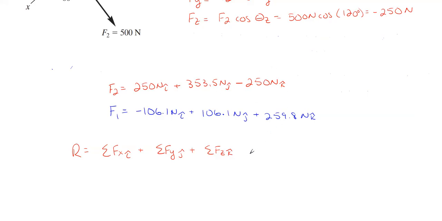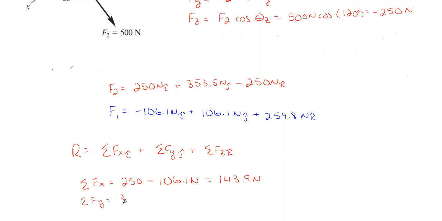So thankfully here we only have 2 forces. The summation of my x's is just going to be 250 newtons minus 106.1 newtons, and that gives us 143.9 newtons in the x direction. You essentially just repeat that process for each portion here.